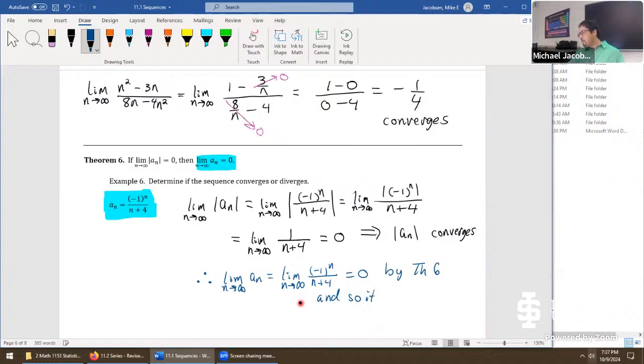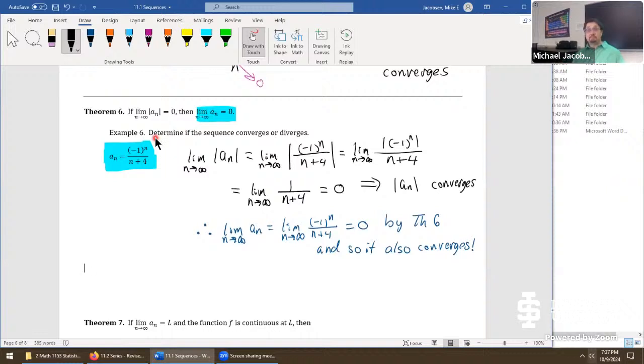And so it also converges. So that's how theorem 6 goes. Any questions at all, folks, with the use of that theorem 6?